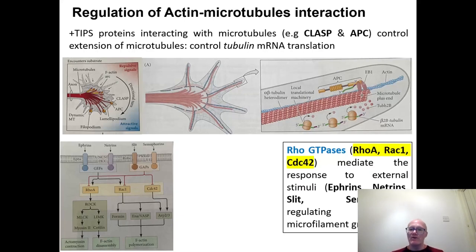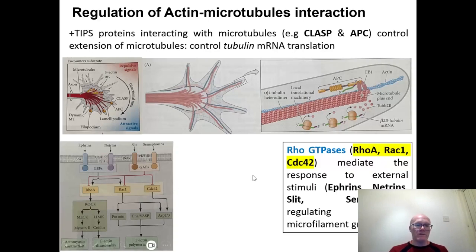So depending on which stimuli are around, new actin filament is produced, or the filament that was there is degraded. If it is produced, the filopodia extend, so the axon goes in that direction. If the actin is removed, the filopodia retreat, and therefore the axon goes in another direction.